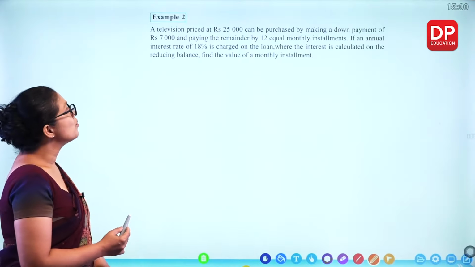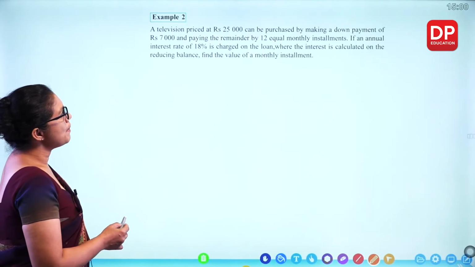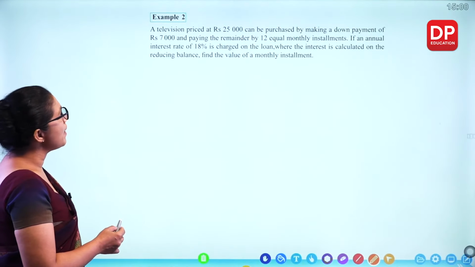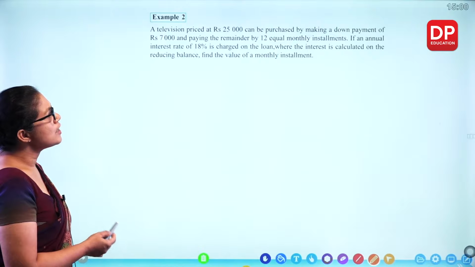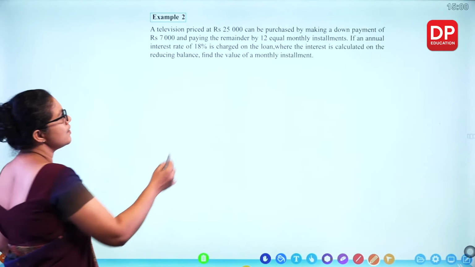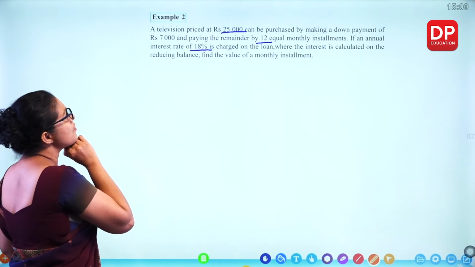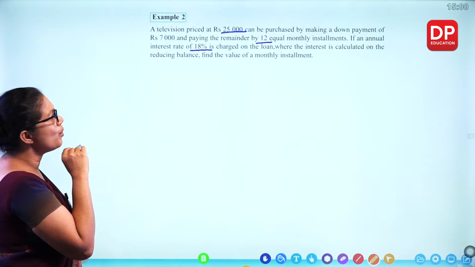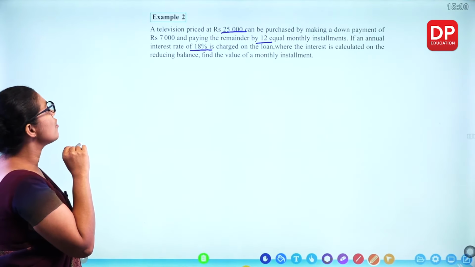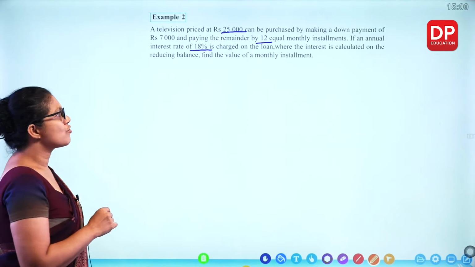Example number 2. A television priced at 25,000 can be purchased by making a down payment of 7,000 and paying the remainder by 12 equal monthly installments, with an annual interest rate of 18% charged on the loan, where the interest is calculated on the reducing balance. Find the value of a monthly installment.